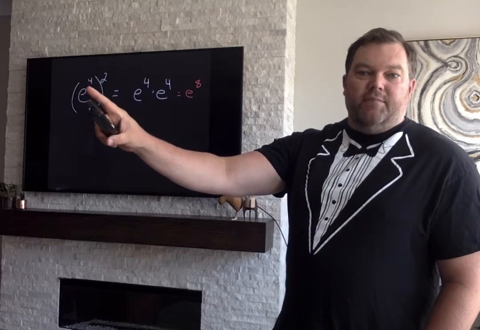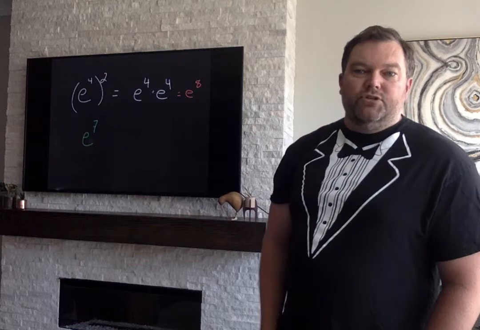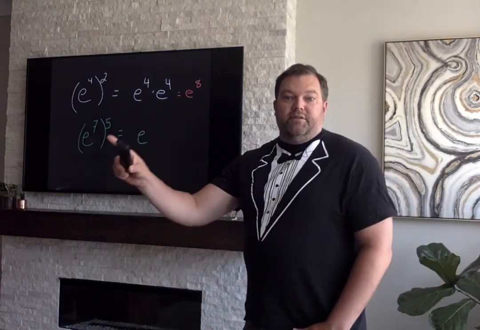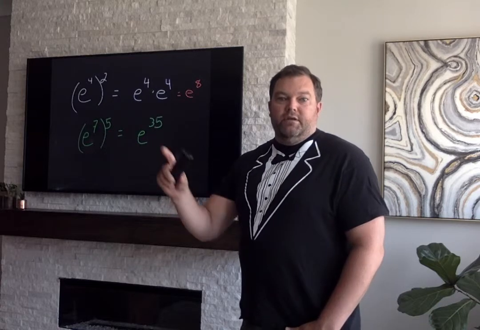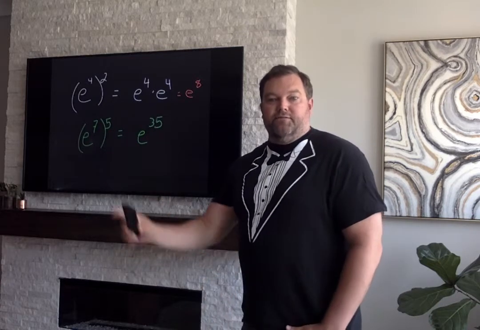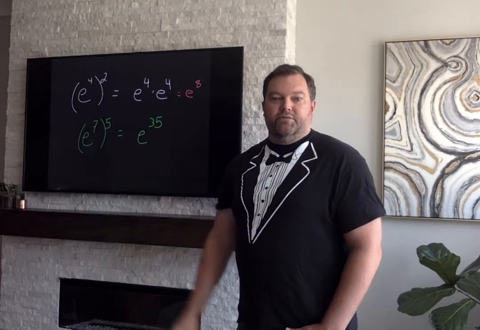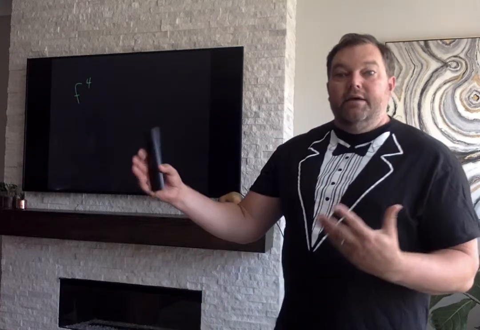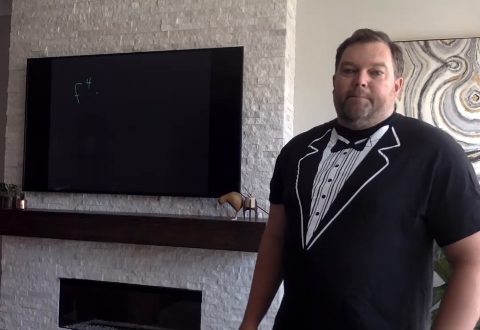Notice that's the same as just doing 4 times 2. So here, if I've got e to the 7th to the 5th, that's just going to be e to the 35th because you multiply 7 times 5. I wasn't going to write out e to the 7th times e to the 7th times. I was just being a little lazy. But that's an example of something that can happen.